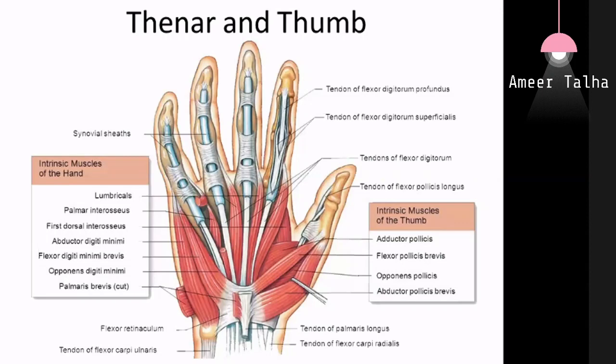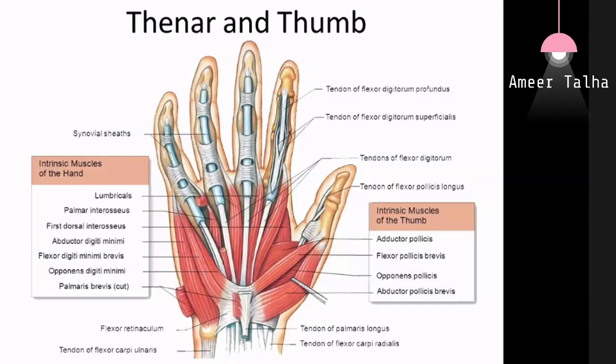Children, mainly you have to remember this: for lumbricals the action is extension of the digits at the interphalangeal joints. For palmar interossei, they are the adductors of the fingers. They move them towards the midline, and the dorsal interossei will abduct.